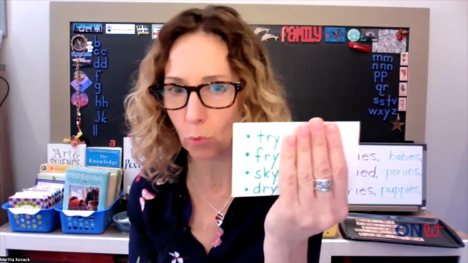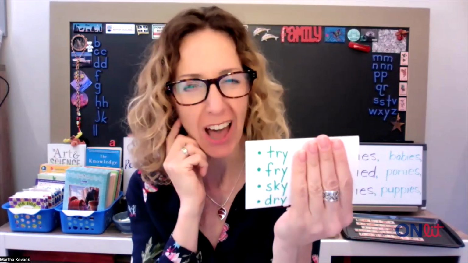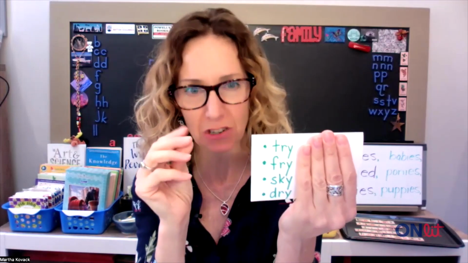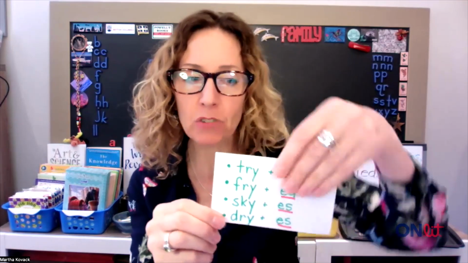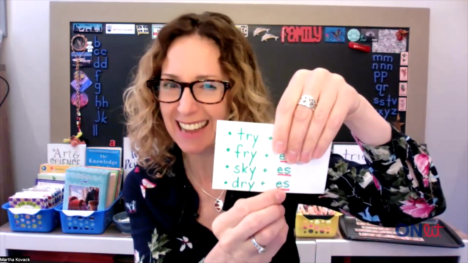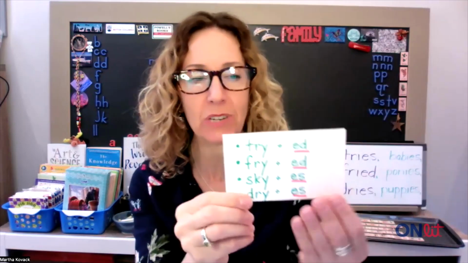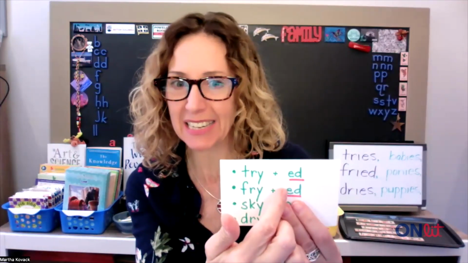So how do we level up or level down our learning? Well, the first thing you want to do is maybe you start teaching this rule right after teaching the Y as long I, as the first exposure that they get to it. And then maybe you just teach it when you're teaching one suffix, ES, and leave it at that. Then you teach it again when you introduce the ED.